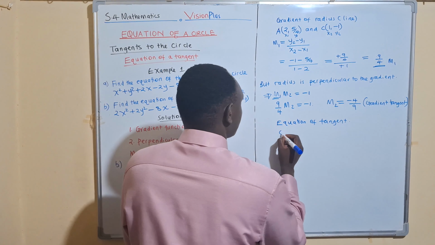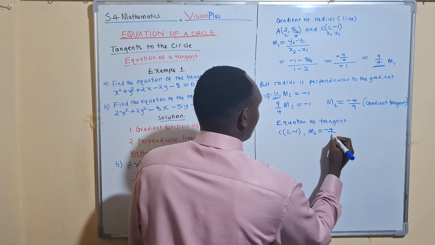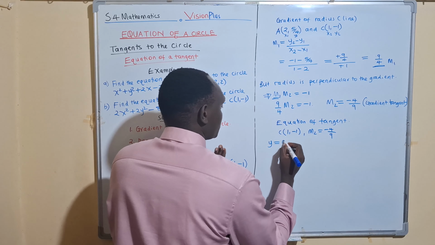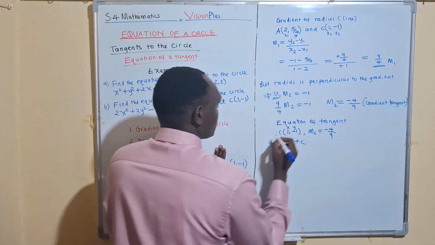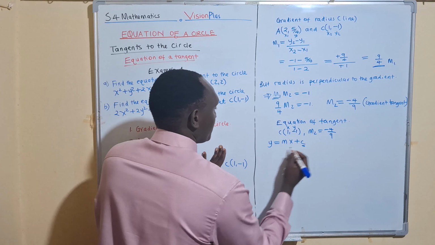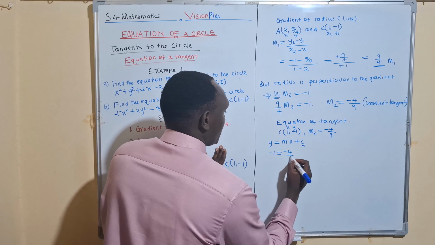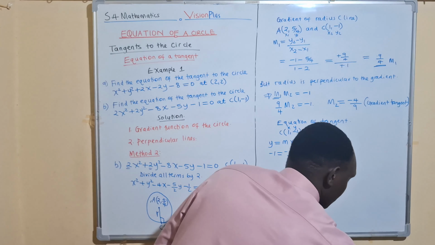So we shall use point C, which is (1, -1), and the gradient of the tangent as negative 4 out of 9. We know that the tangent is a line, so we shall have y equals mx plus c. We call this x, we call this y. Substitute to get c, so that we have negative 1 equals negative 4 out of 9 x plus c. Now we can get c.